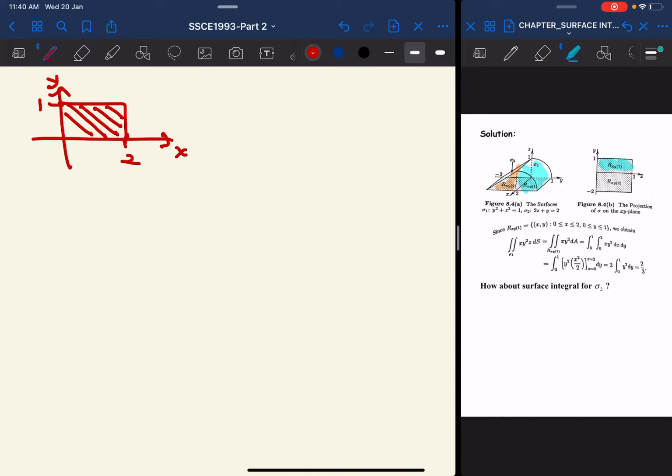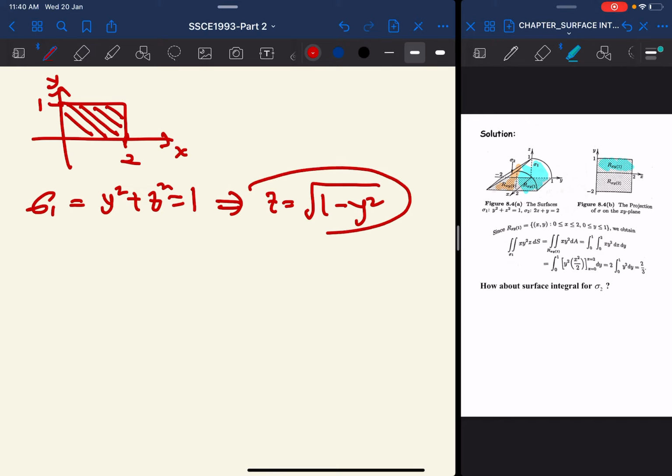The first one comes from y squared plus z squared equal to 1. Let's make z the subject, so you will have z equal to square root of 1 minus y squared. This will be used to find dS.